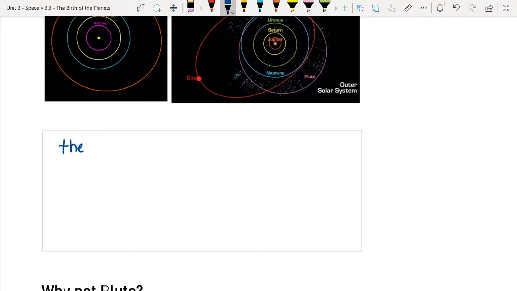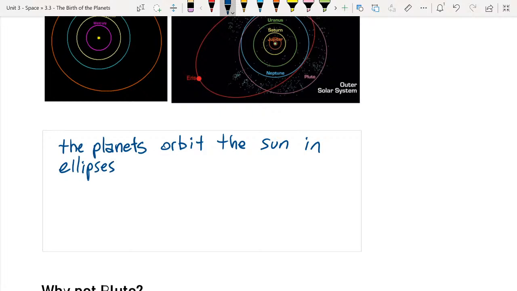The planets orbit in ellipses. What's an ellipse? Ovals, though most are close to circular.